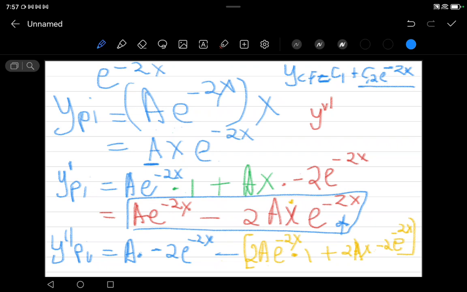Minus times 2ax times negative 2ex. So here it is going to be positive 4. 2 times negative 2 is going to be a negative 4ax e to the power of negative 2x here. And so negative times negative is going to be positive 4ax e to the power of negative 2x.